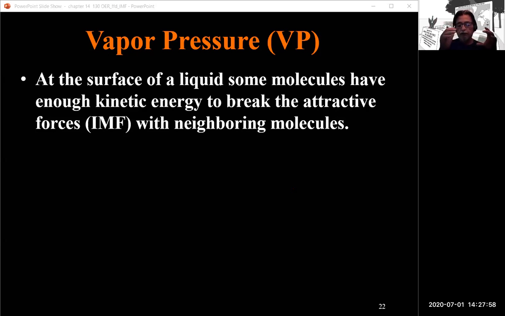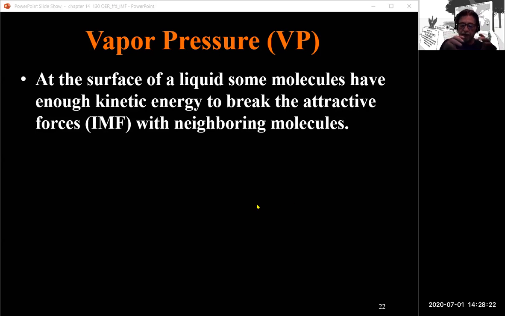If I were able to put a pressure gauge in that empty area, it would show pressure. So if you think about it, if the liquid's attractions to each other are very weak, we're going to have more molecules going into the gas phase and the vapor pressure goes up.